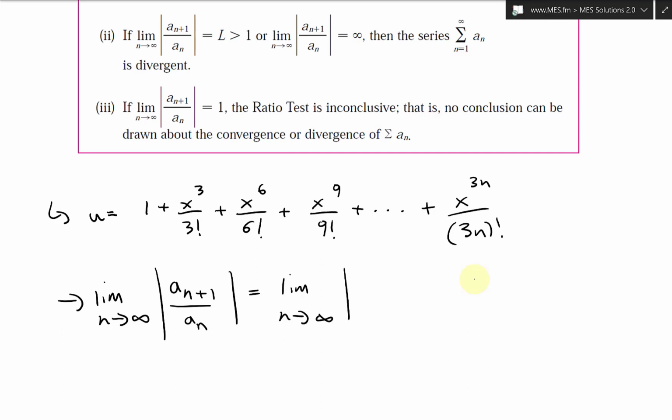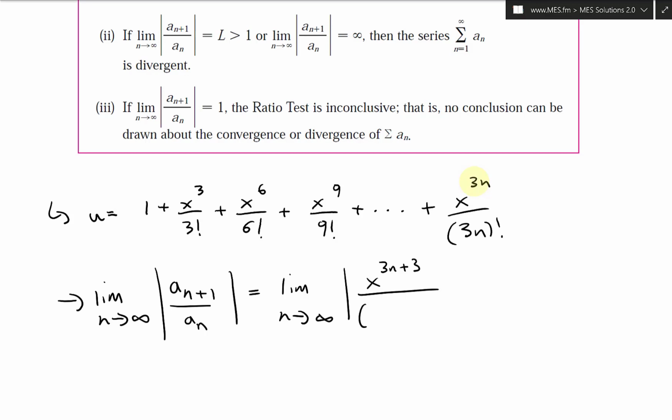We're going to have the absolute value of x to the 3n plus 3, because if n becomes n plus 1, then 3 times n plus 3 times 1 is 3n plus 3, over the bottom, which is 3n times n plus 1.